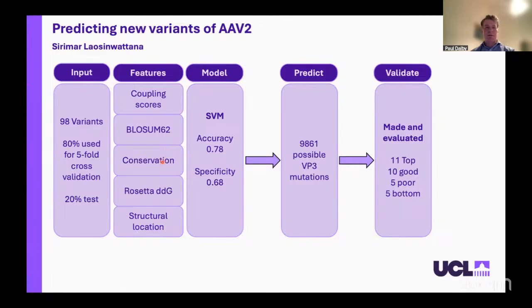So these features went into a set of models, and it turned out a support vector model gave the best prediction, with something like 0.8 accuracy and 0.7 specificity.